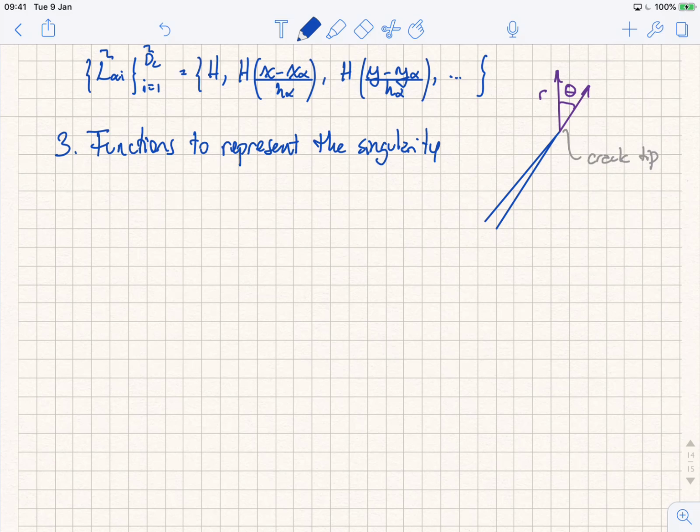So I'm going to call this like that. And again, I'm going to do the same. So I'm going to take the smooth part and I'm going to add something that can reproduce that singularity.